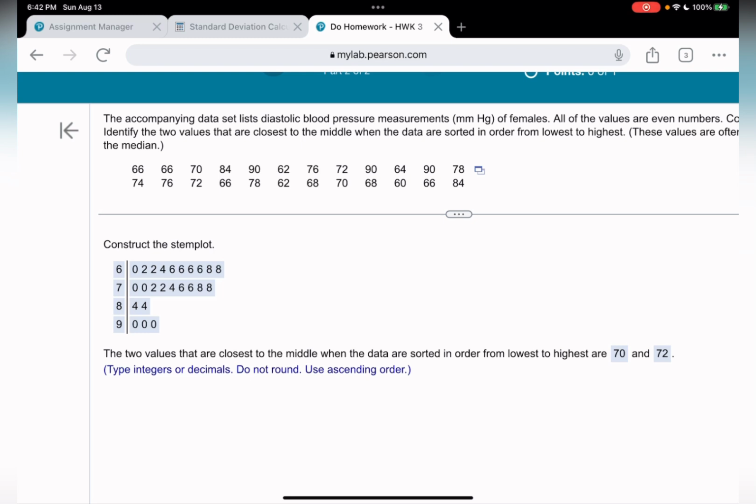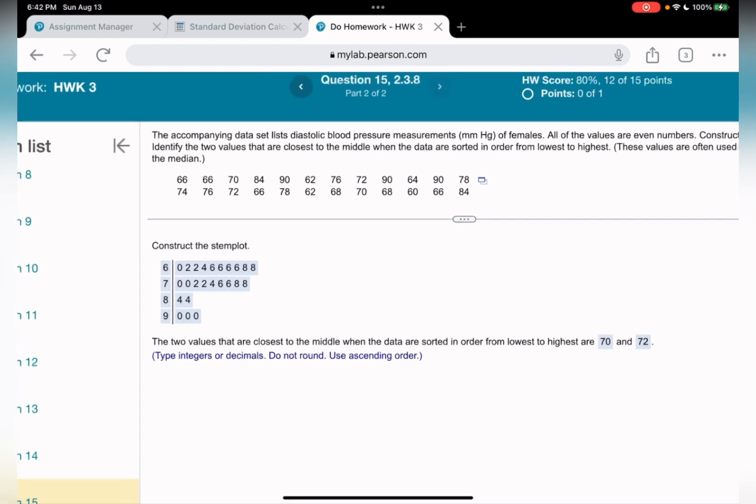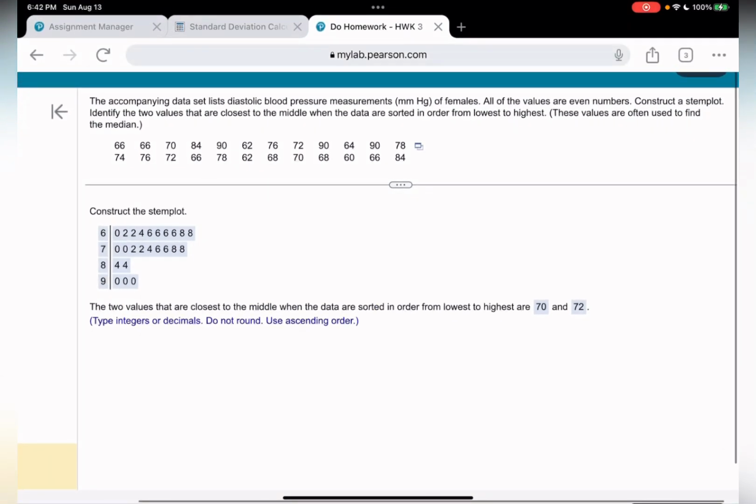So it's going to be 70, the 11th number. Number 11 is going to be 70. Another 70 is going to be 12. 72 is going to be 13. So 14 is going to be 72. Okay? I hope I made it clear.